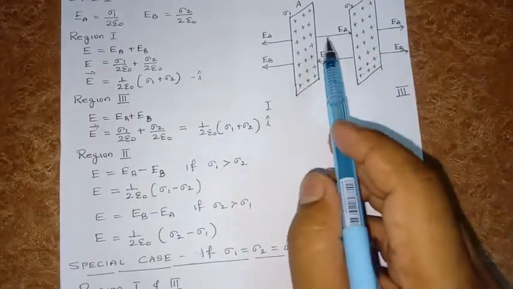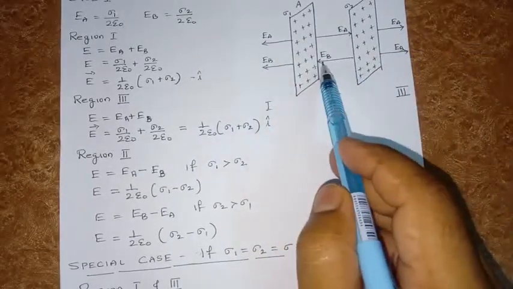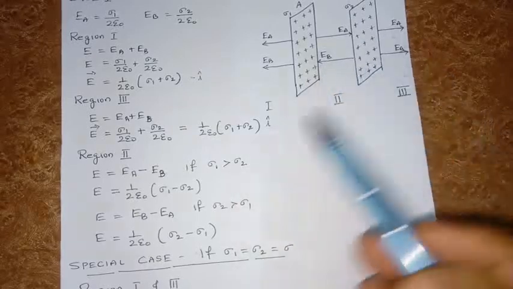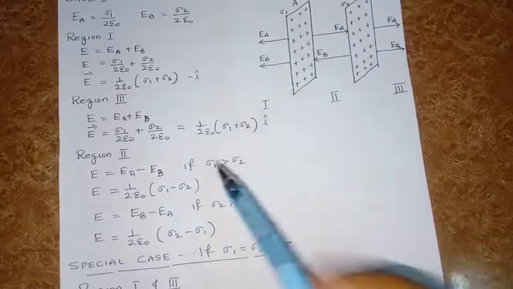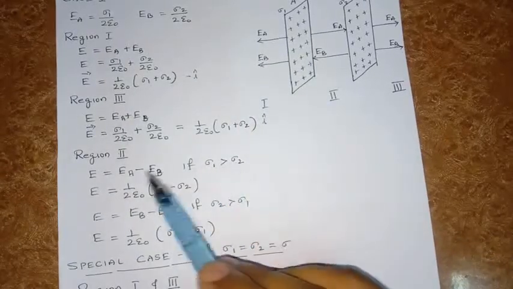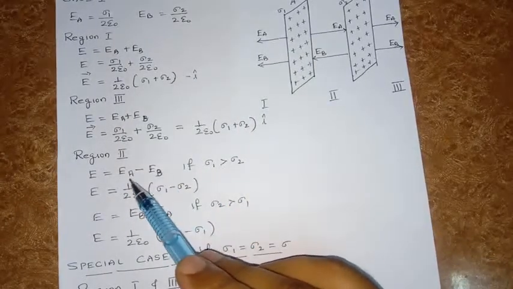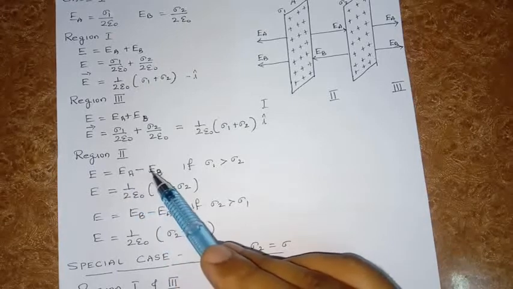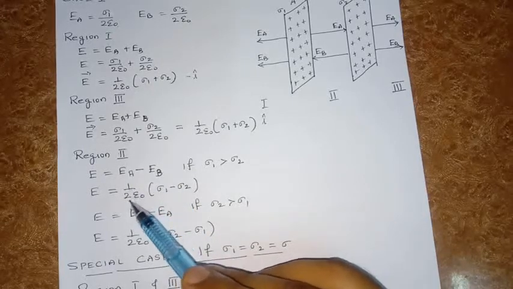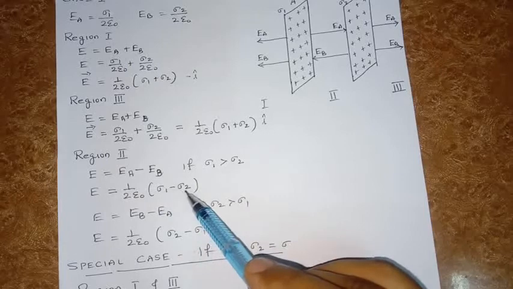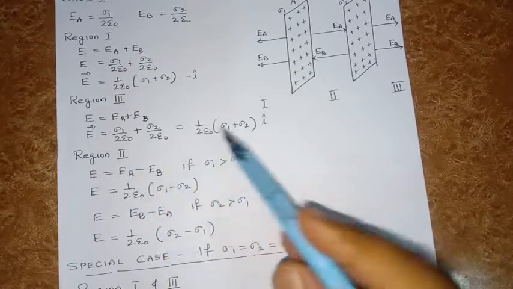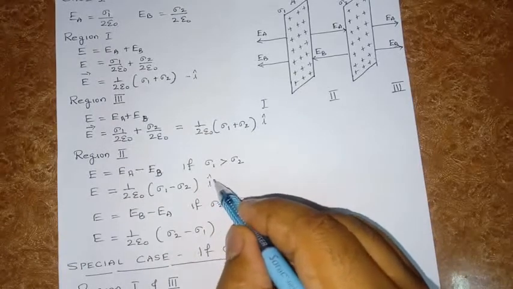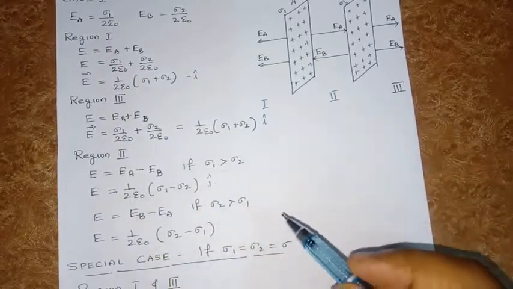Now let us consider the electric field in region 2. You can see in region 2, EA and EB are not in the same direction. They are opposite to each other. Which one is bigger? That depends upon the charge density. If sigma 1 is greater than sigma 2, EA is bigger than EB, therefore the net electric field will be EA minus EB. That will be 1 by 2 epsilon 0 times sigma 1 minus sigma 2. The net electric field will be in the direction of EA, that will be the i direction if EA is greater than EB.